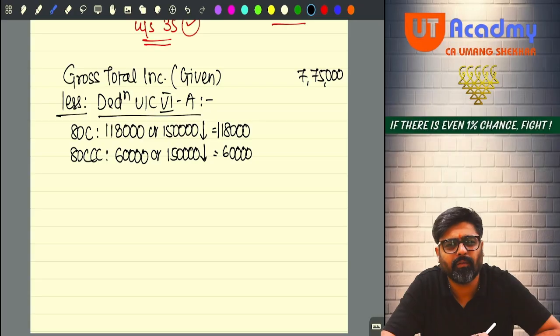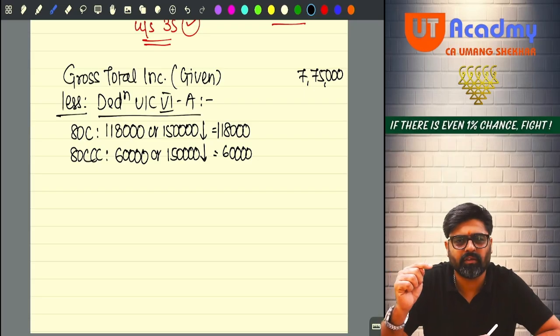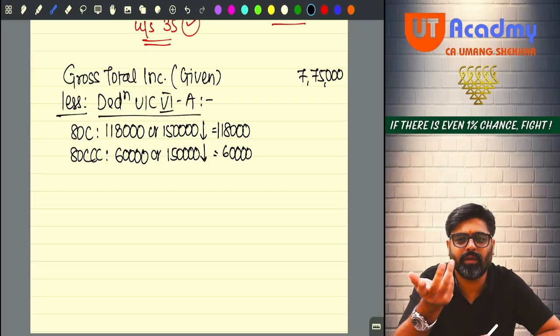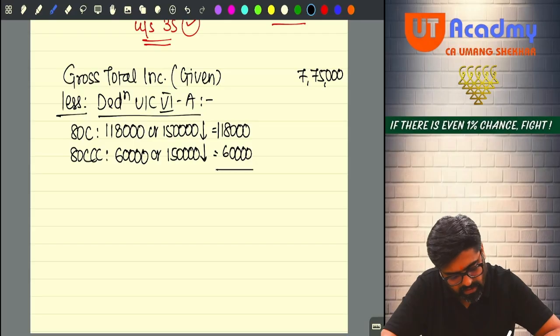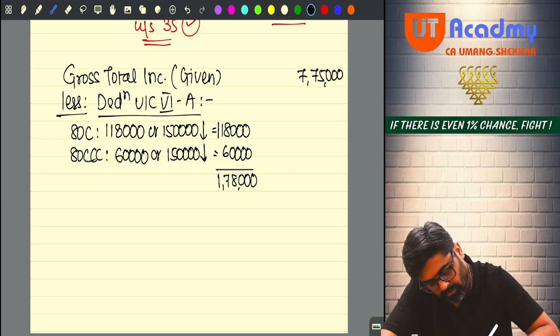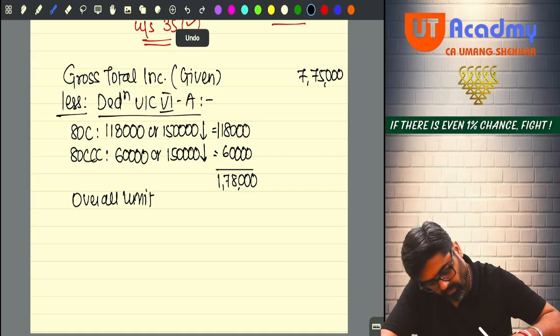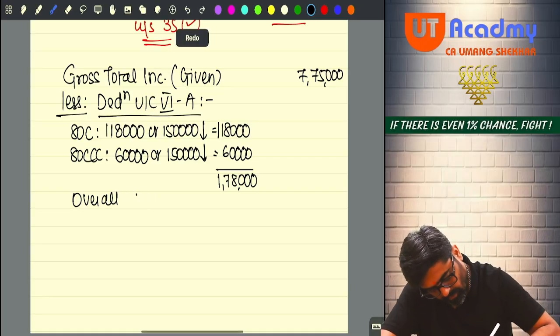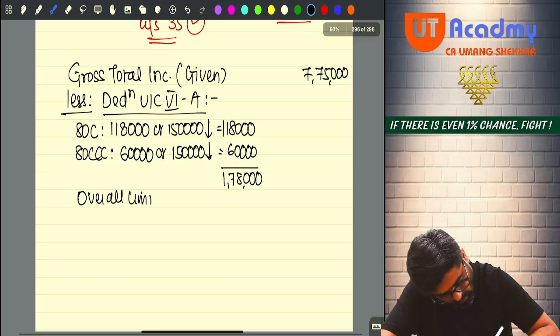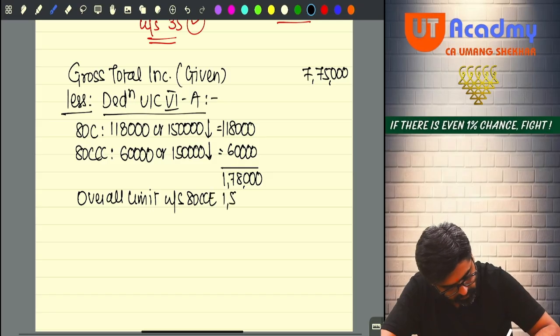Now, do you have 80CCD(1)? So, no need to write. 80CCC, 80CCD(1) nil. Can you add? This will be 1,78,000. So 80C plus 80CCC will be subject to the overall limit of Section 80CCE, that is 1,50,000.